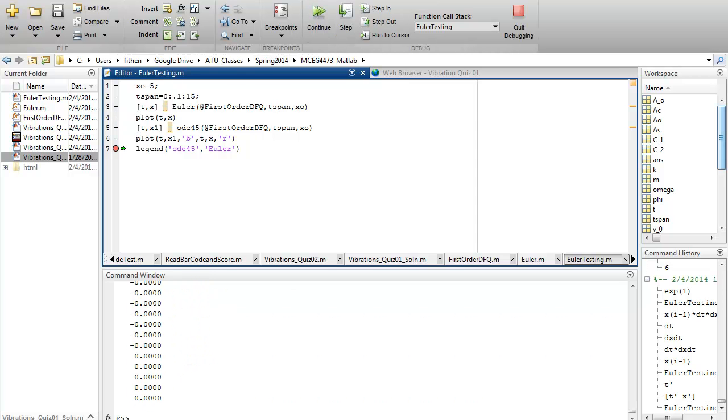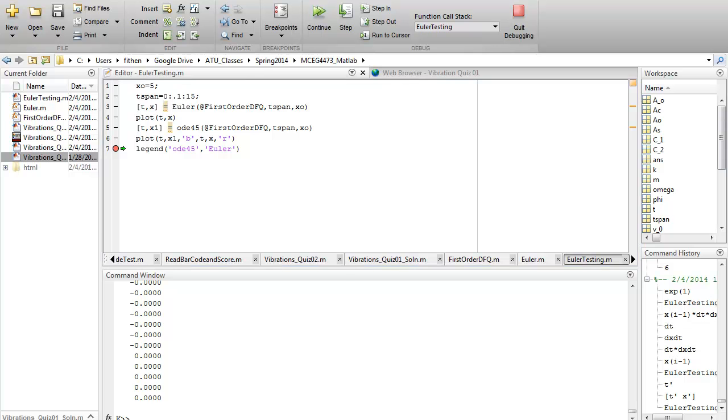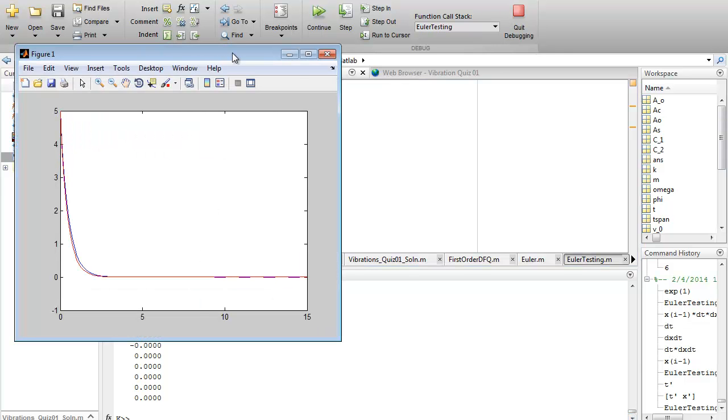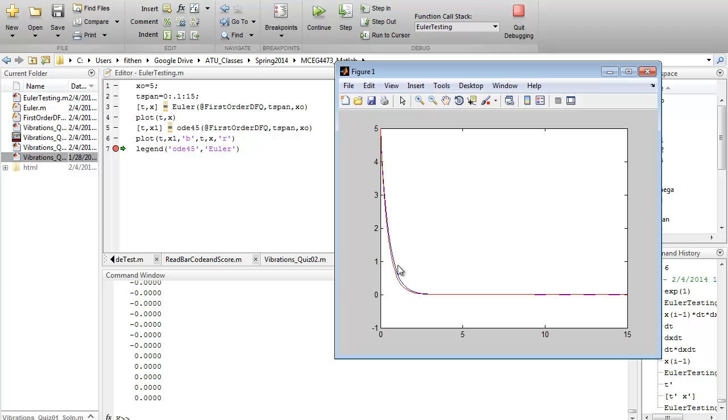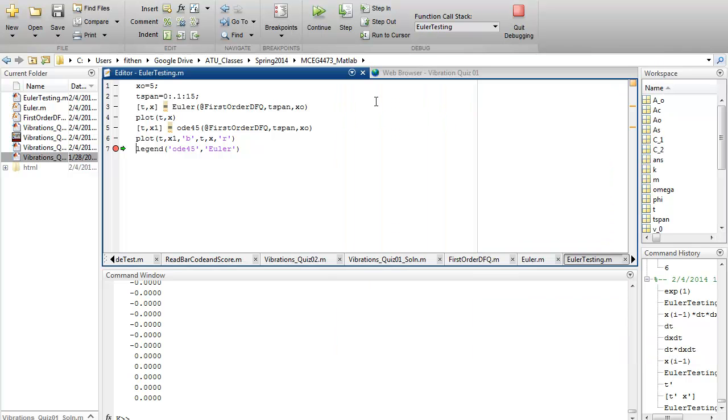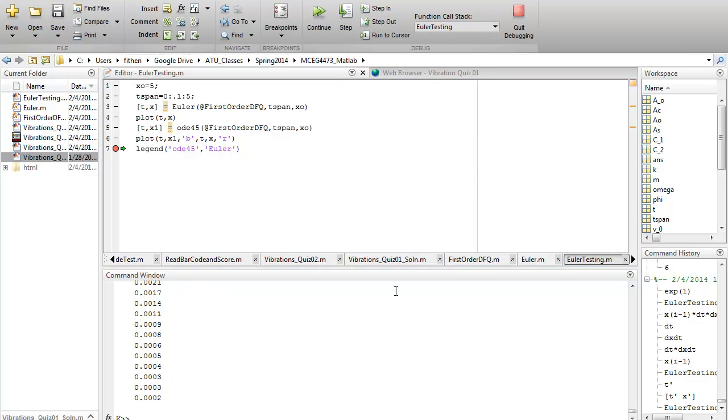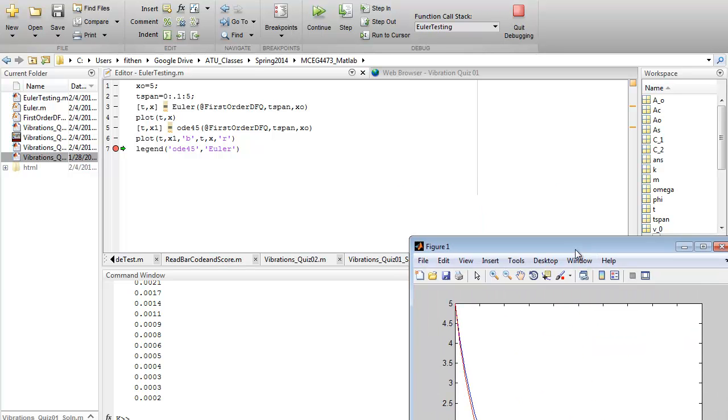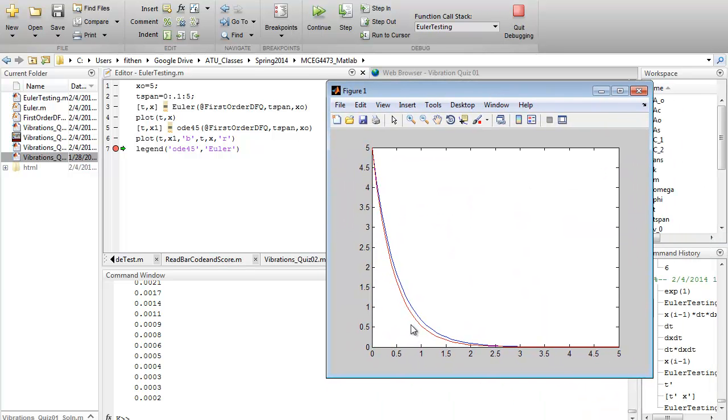If you look at the plot, you'll see something really interesting. There are the two solutions. Let's go ahead and instead of doing it up to 15, let's quit it, run it again, look at the plot, and you start seeing differences here.